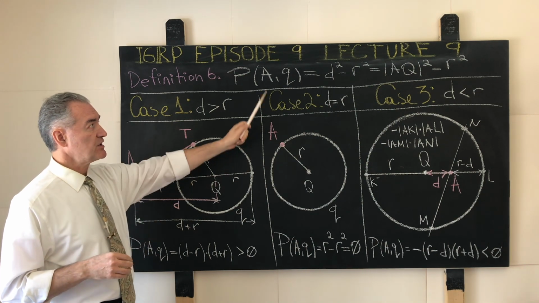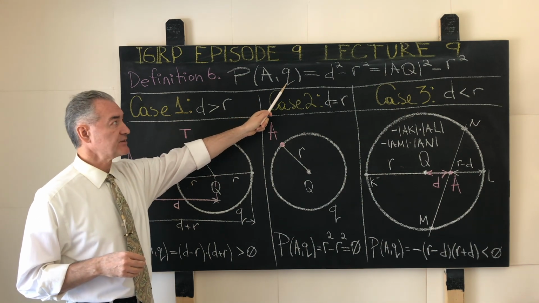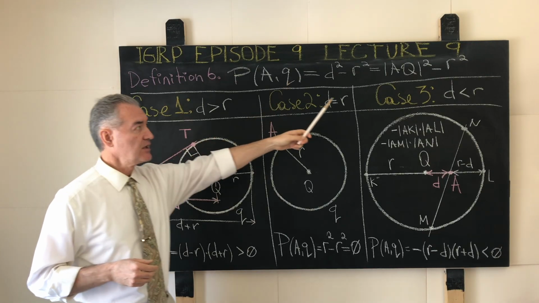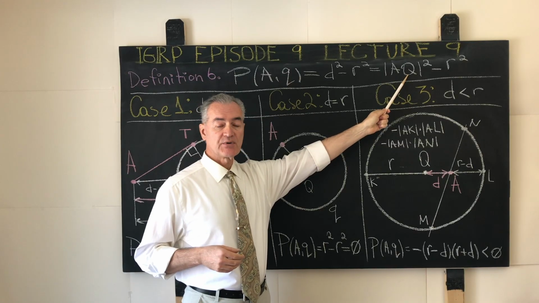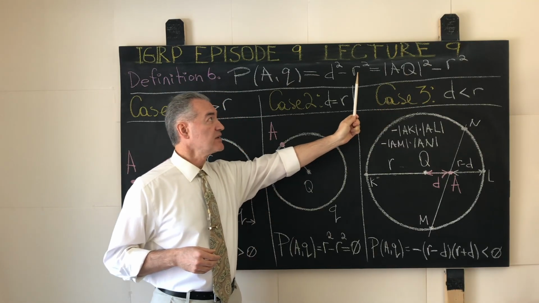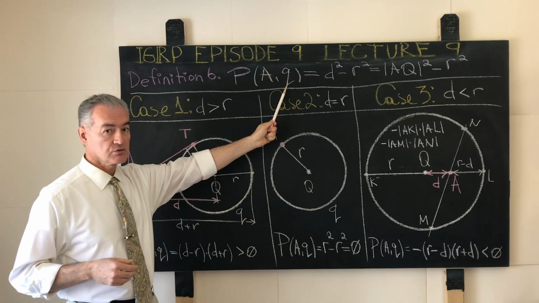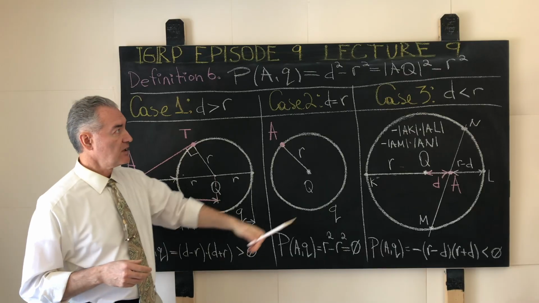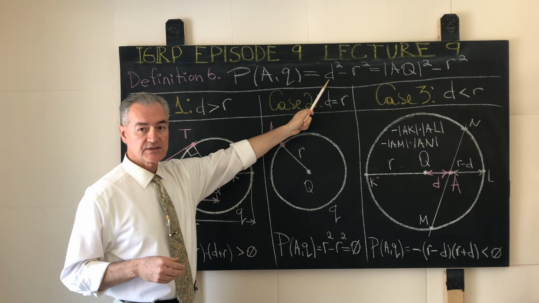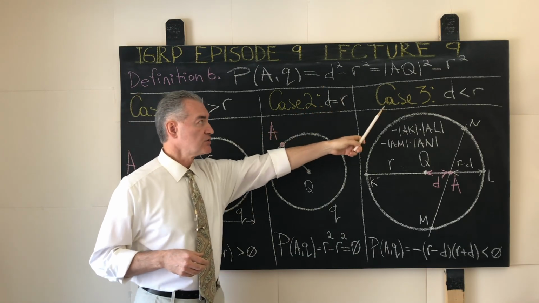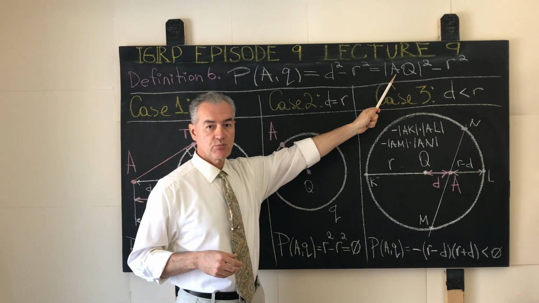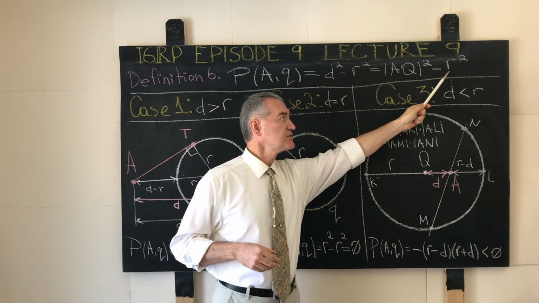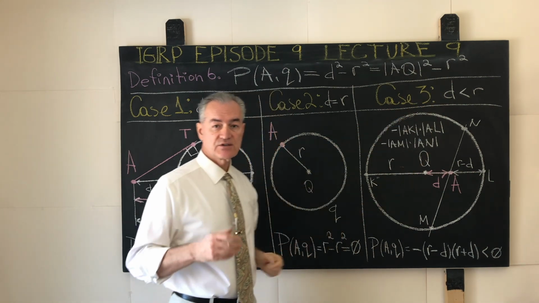The distance from the given point A to the center of the circle with respect to which the power is defined, here I use the uppercase Q, and the radius of the circle, again with respect to which the power of that point is defined. In our notation, lowercase d squared minus r squared translates into the distance from the point A precisely to the center of the circle squared minus the square of the radius of that circle.